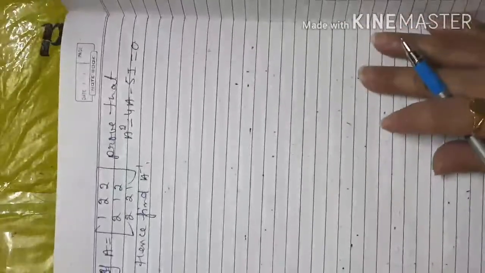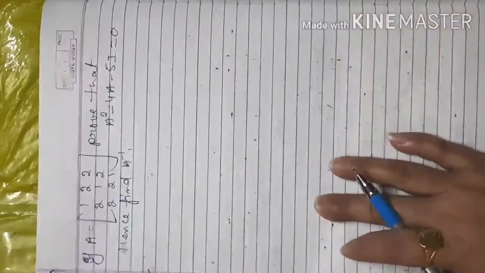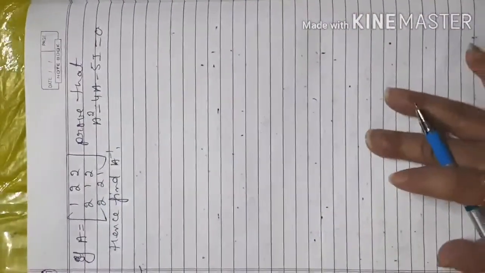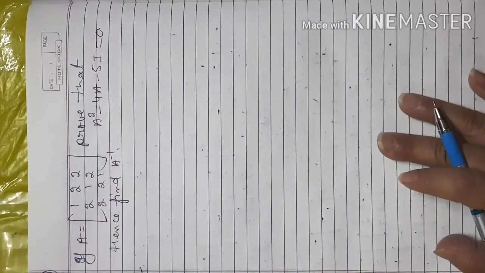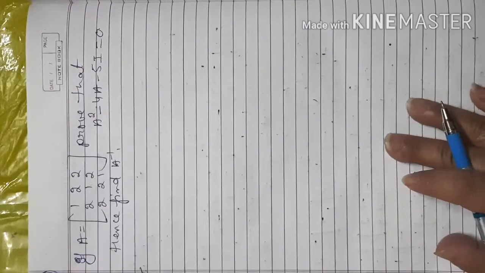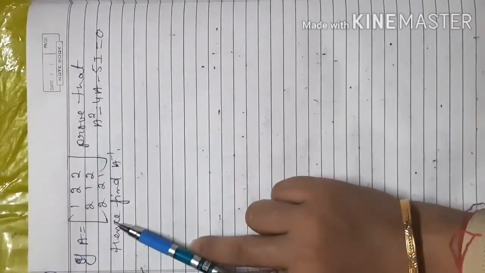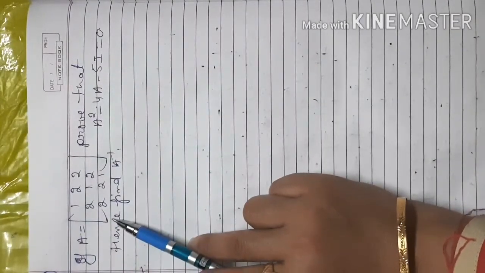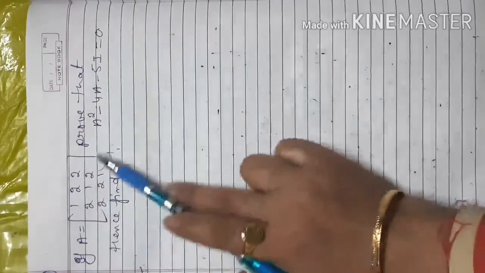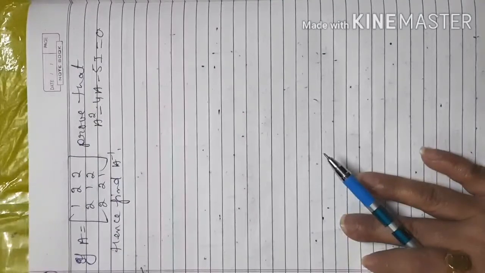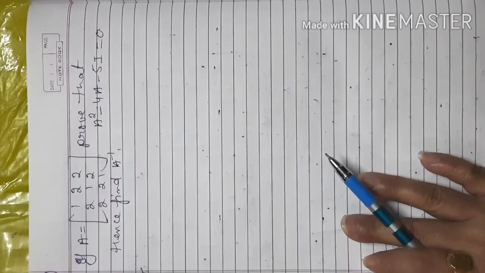Second method, if I want to find the A inverse by equation, I don't want to go with the adjoint A. So with equation, how can I find? Starting method is same. First I will check whether A inverse exists or not. If it exists, then you go further. But in this method, you don't go with the adjoint A, like finding cofactors.